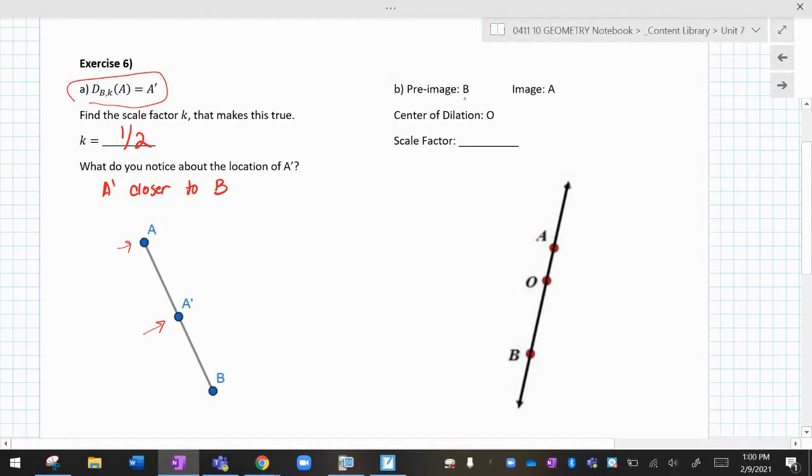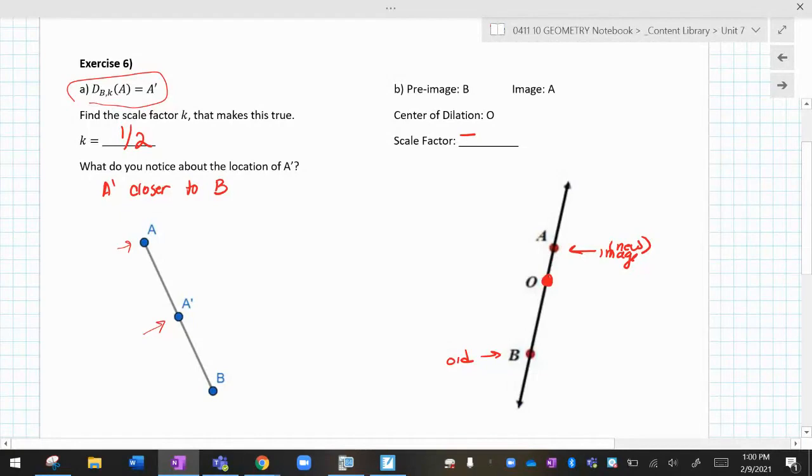All right, now it says the pre-image was B, so this is my old point. My image was A, my new point. And if my center was O, what do I know? Ooh, weird. Well, okay, if I started at B and I ended up at A, if I end up on the other side of the center, I know I have a negative scale factor.